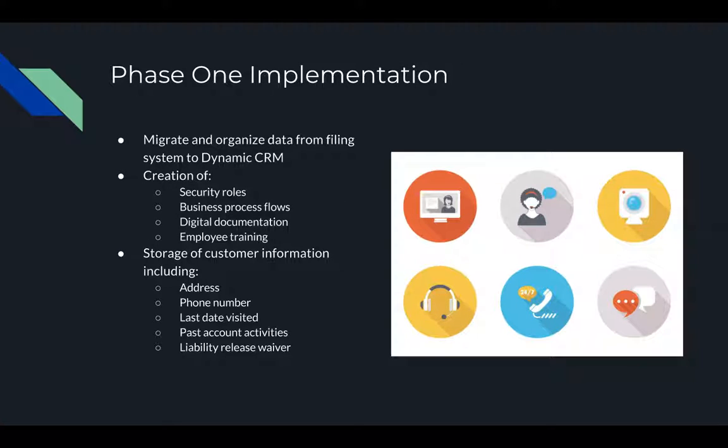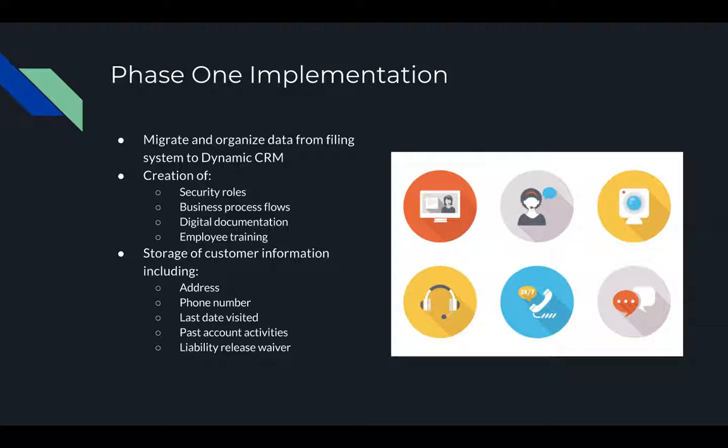So based on the goals and objectives that Amanda talked about, within the implementation of phase 1, we will be moving from a filing system with paper documents to digitalizing all customer and account information.